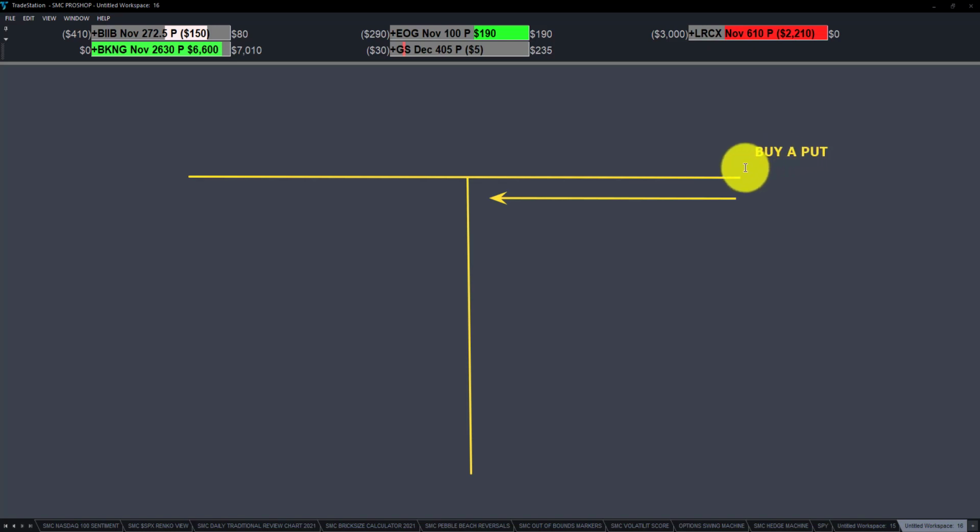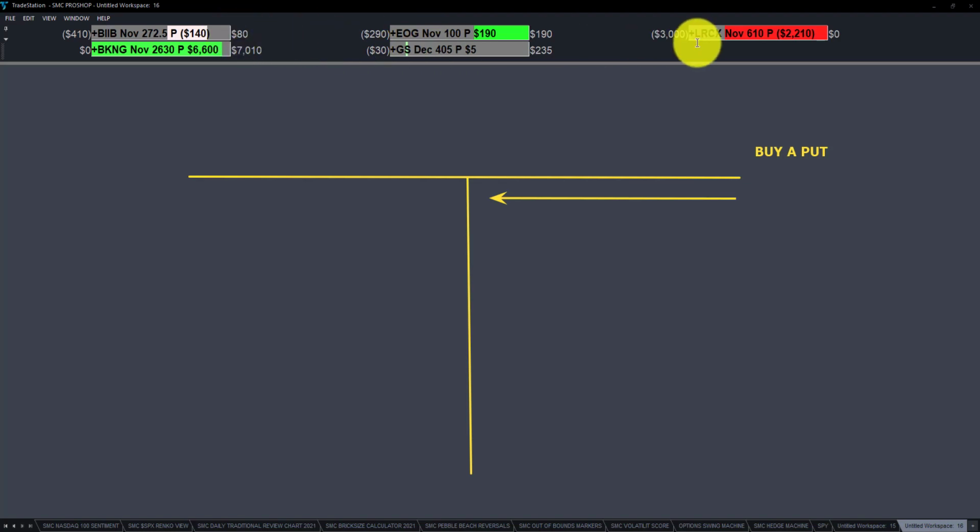I bought the put in excess of 20 days, approximately 25 days, and we'll show you those exact positions and how much money that all was. But what has to happen in order for that put to make money is the price needs to move back toward the mean, which is exactly what's happened with Booking, EOG, Goldman Sachs just a little bit, and BIB hasn't done much.